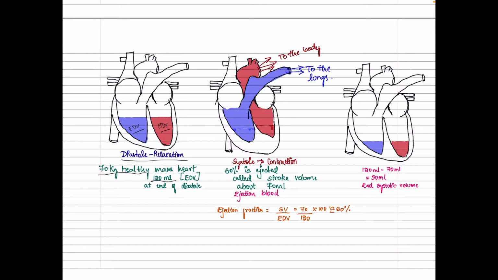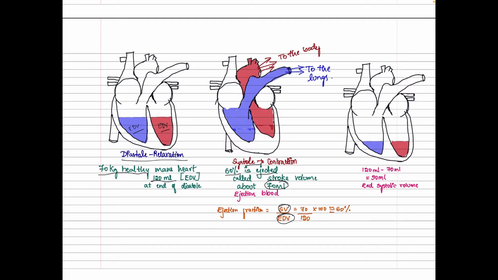A healthy 70 kg man has an end diastolic volume of 120 ml during diastole. Diastole is relaxation. During systole, that is when the heart contracts, both ventricles contract and 60% of the blood is ejected. This is called stroke volume. 60% in the sense it is about 70 ml. Ejection fraction is calculated by stroke volume divided by end diastolic volume.